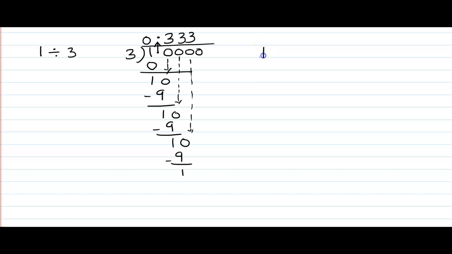So you can say 1 divided by 3 is 0.333 recurring. This you can write down as 0.3 with a small line on the top, or you can write 0.3 with a dot here. So it is recurring. So let's go for another question now.